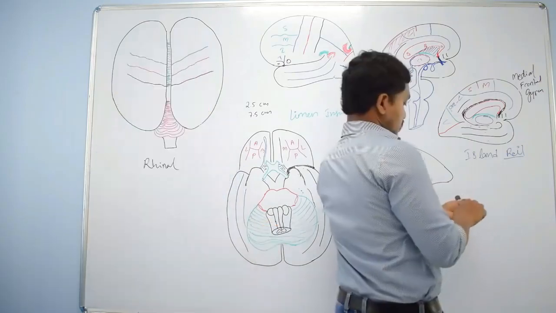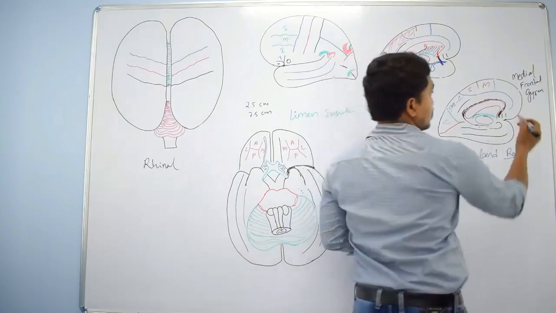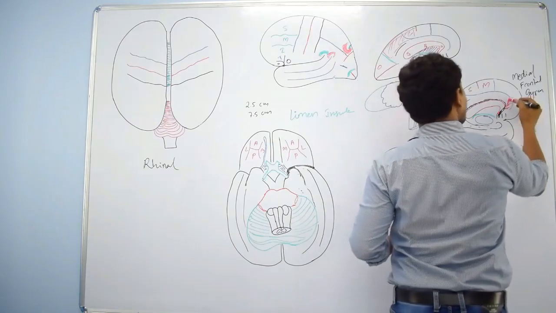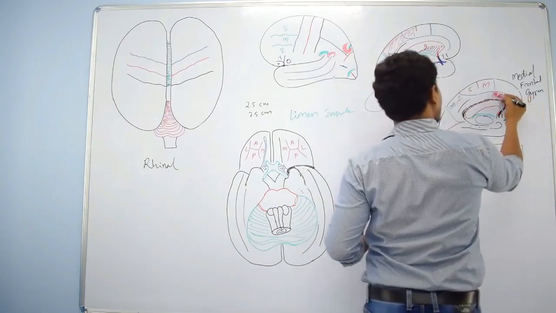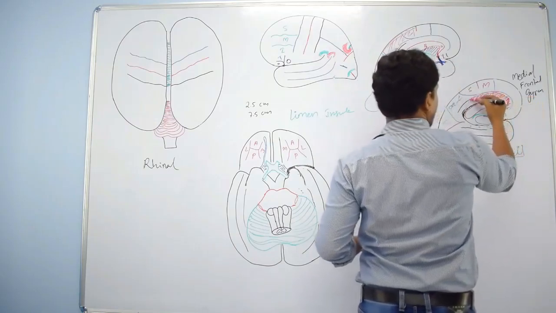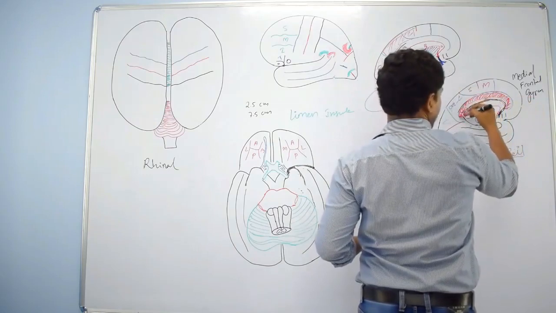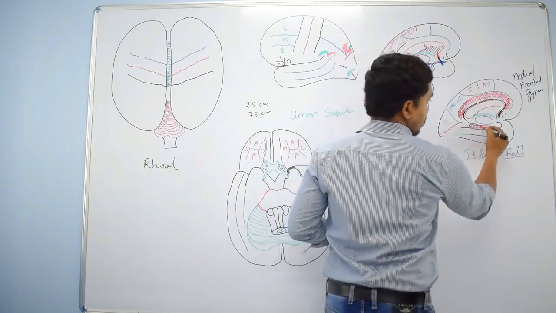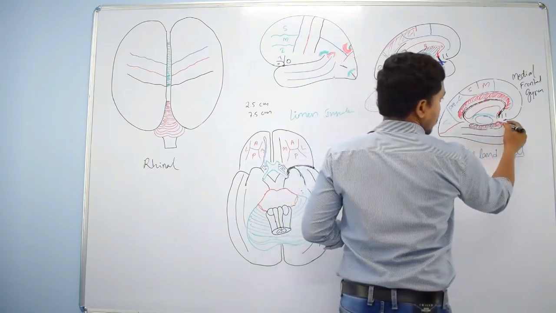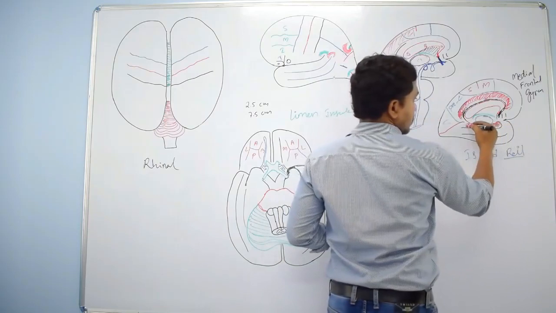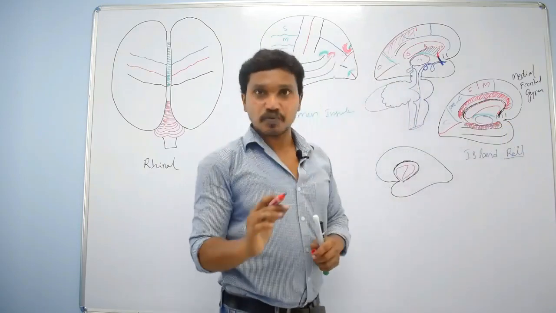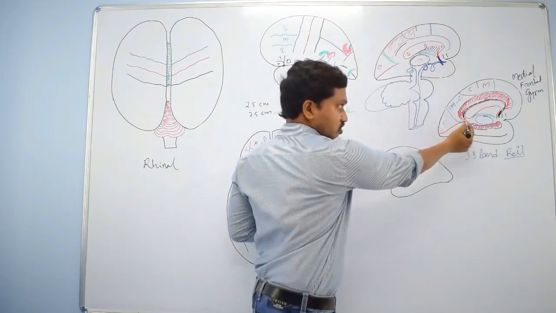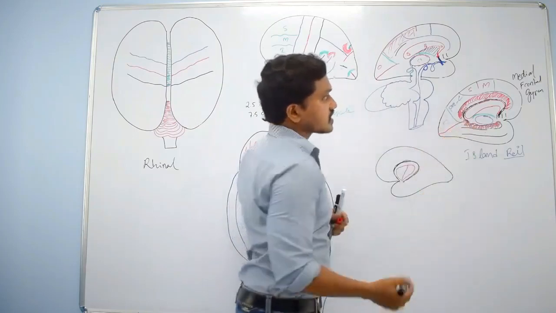So here, this is the cingulate gyrus and the para-hippocampal gyrus, and the narrowest part connecting the cingulate gyrus and para-hippocampal gyrus is what we call the isthmus.